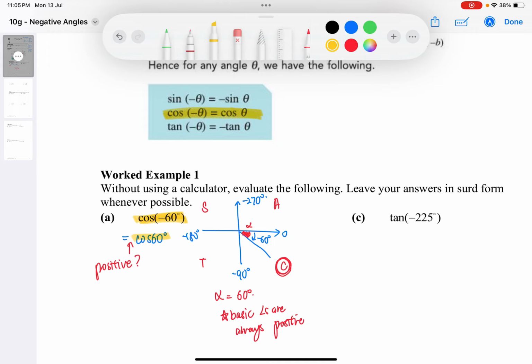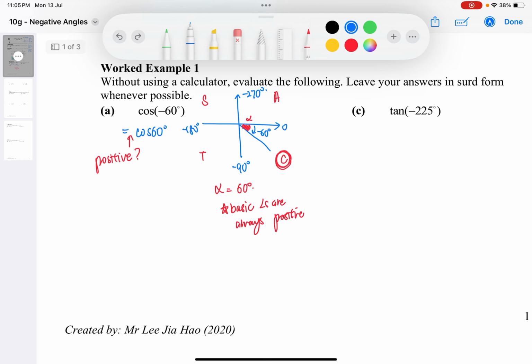So we don't really have to memorize the formula. If we understand the four quadrants, then it will all make sense. Let me erase all the highlights. Cosine 60, as you have memorized, is half. So that's your first answer.